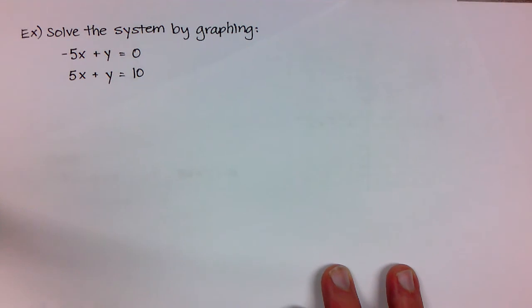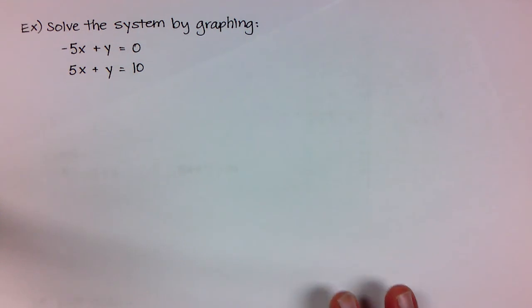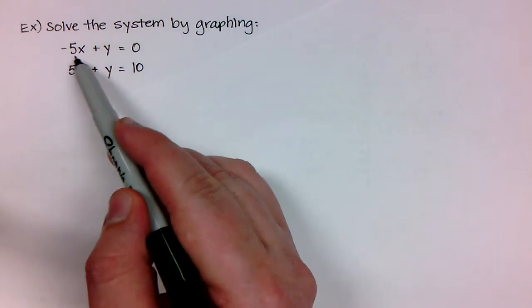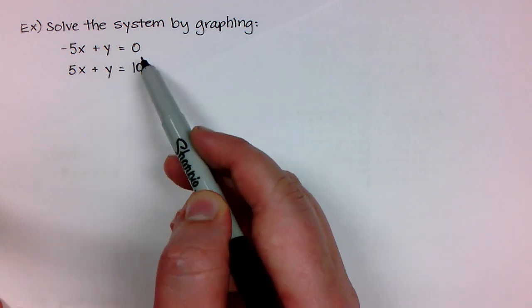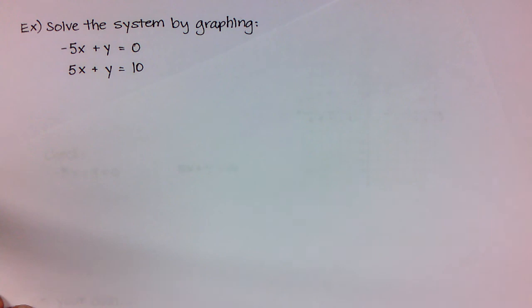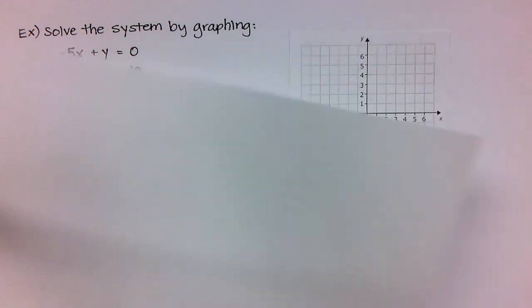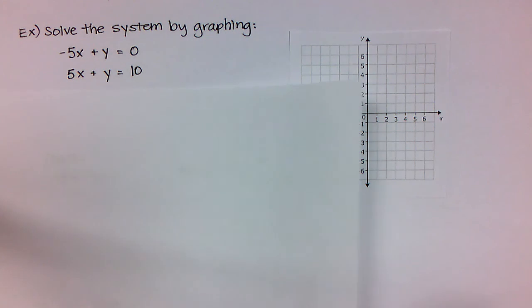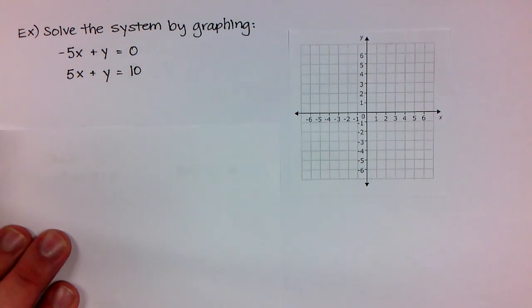So here's the second one that we're going to try. Solve the system by graphing negative 5x plus y equals 0, and 5x plus y equals 10. Again, what we want to do first is rewrite our equations so that it's really easy for us to graph them without any problem at all.